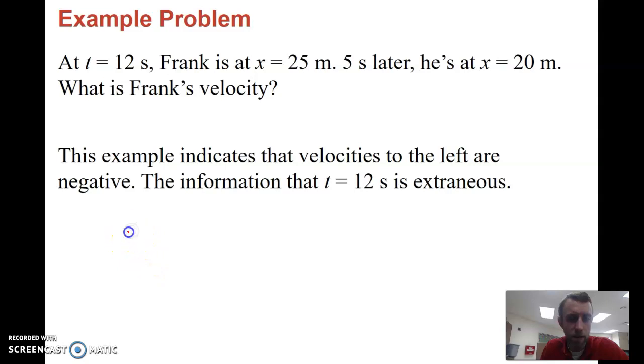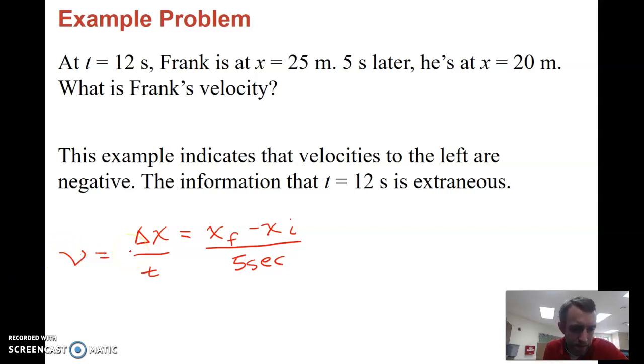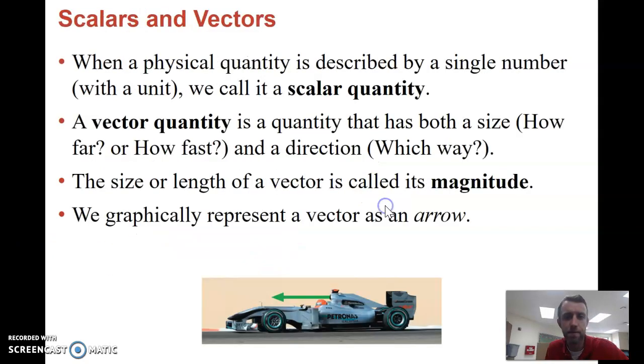So this would be the change in position, final minus initial, and then this whole thing divided by time. So that is velocity, and that's how we get it. All right, I'll stop there.